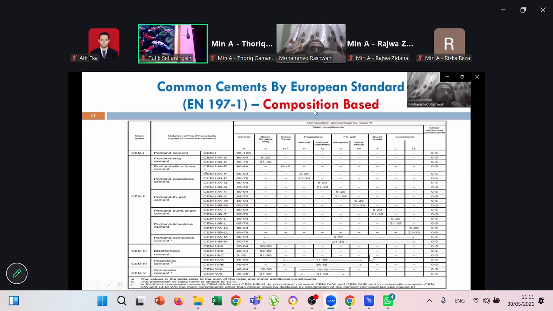If we add silica fume, the cement name is Portland silica fume cement. If we add pozzolana, natural or calcined, the produced cement is named Portland pozzolana cement.